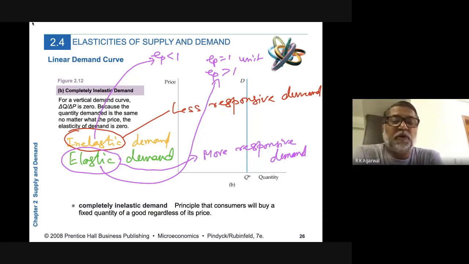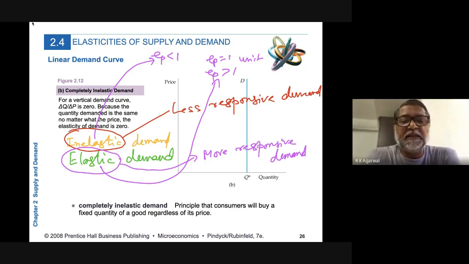And that is why we call it elastic, very responsive demand. It means that demand has responded more as compared to the change in price. And inelastic demand means relatively less responsive demand, which means that if the price changes by 10%, then the demand changes, but by less than 10%. So that is why it is called inelastic demand.